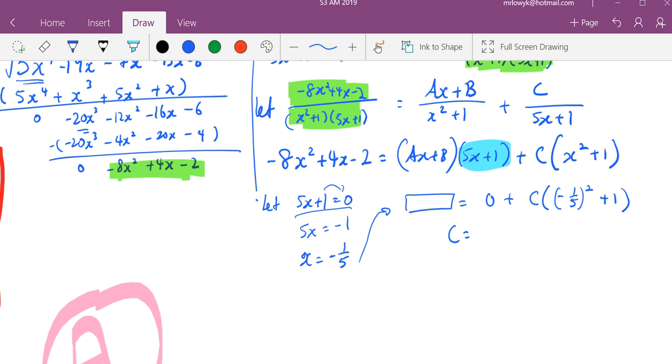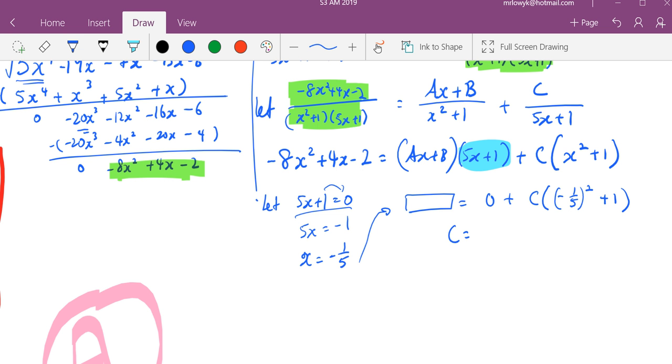So putting it to 0 is always the fastest. Now, next you are stuck, because for x squared plus 1, there is no way you can make this thing 0. So the other way is to make Ax 0, and the only way to make Ax 0 is x equals 0.